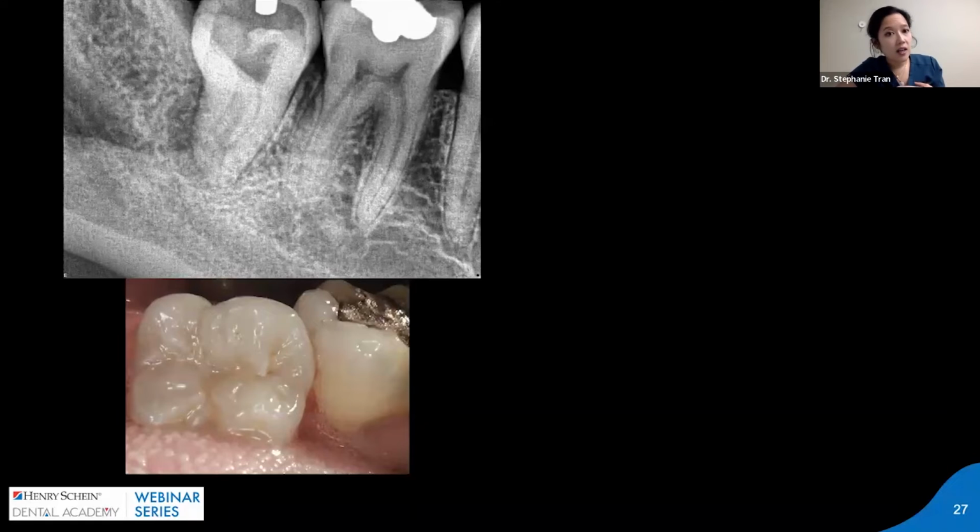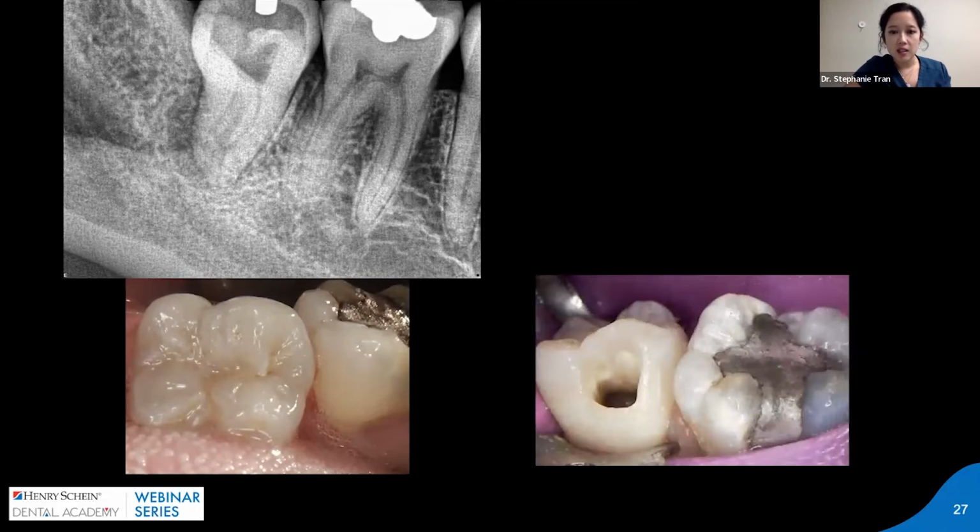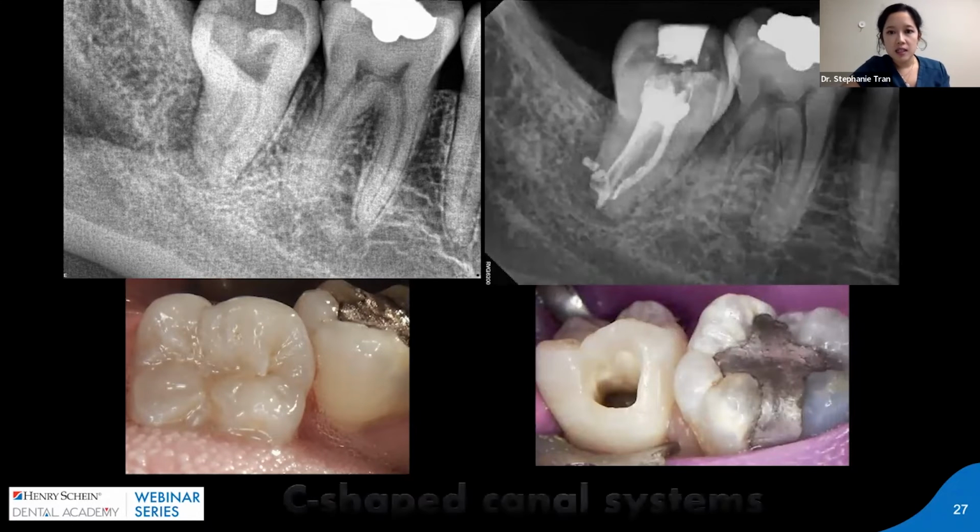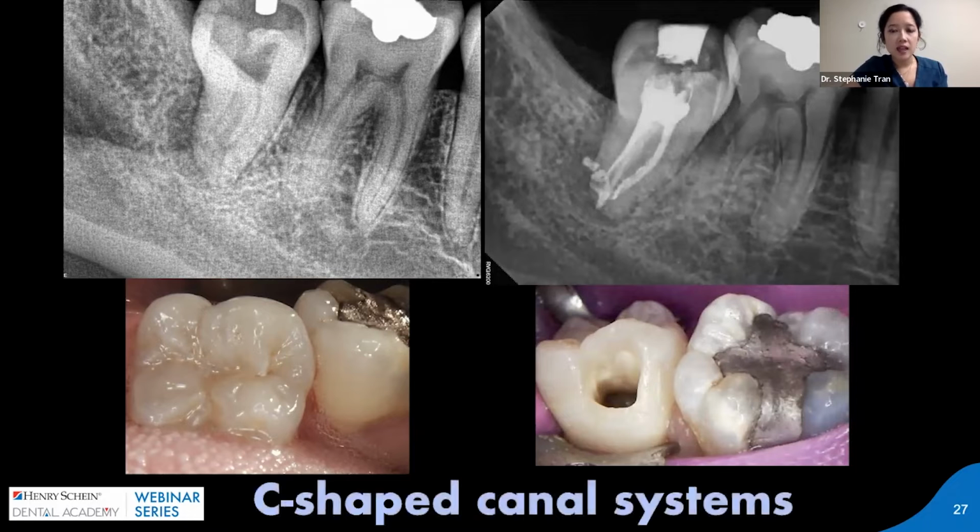But from an endodontic standpoint, that tells me that the roots are fused. And when the roots are fused, especially for lower molars, there's often a phenomenon called a C-shaped canal system. So for example, in this case, we can see that the canals sort of blend together.